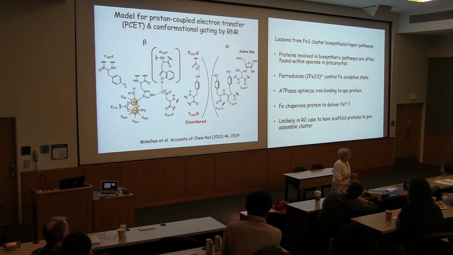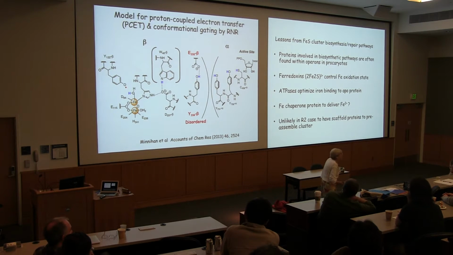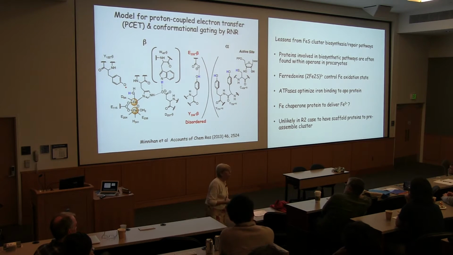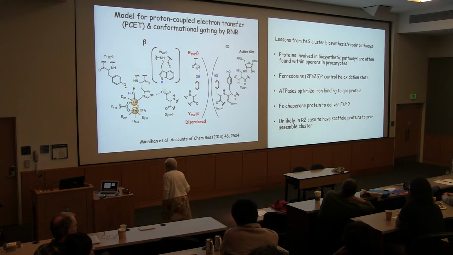And I think the slow steps are often reorganization of this apoform into a form that wants to completely bind the metal in the right state. And so I think you have ATP-dependent heat shock proteins, or whatever you want to call them, that play a key role. And we found these in yeast that play a key role, I think, in allowing us to deliver a more homogeneous reduced state of the iron into the protein.